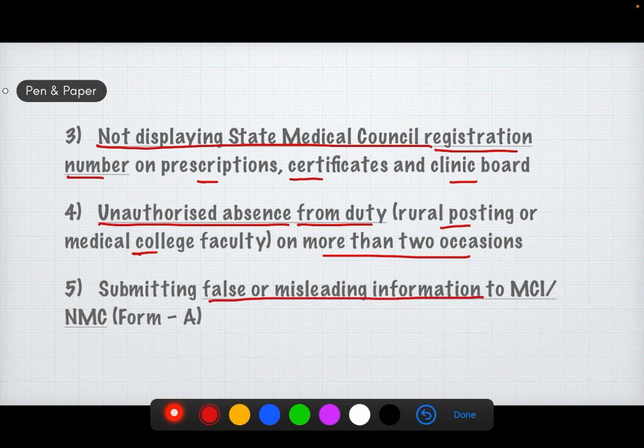Submitting false or misleading information to MCI, which is now replaced by NMC, that is Form A. What is Form A? It is the doctor's official certificate saying that a person is sick and needs rest or leave. So, a doctor should not produce false or misleading information such as a false certificate.